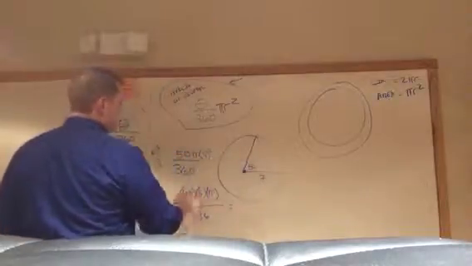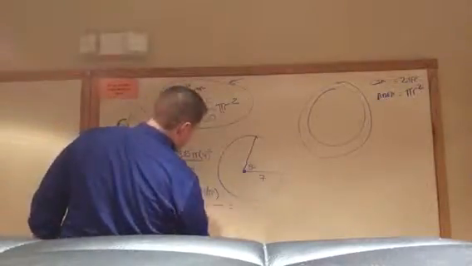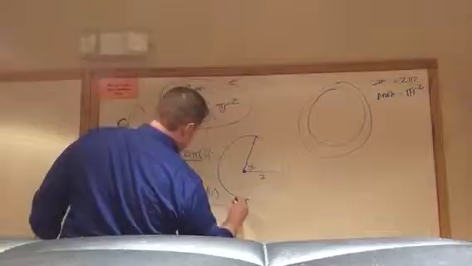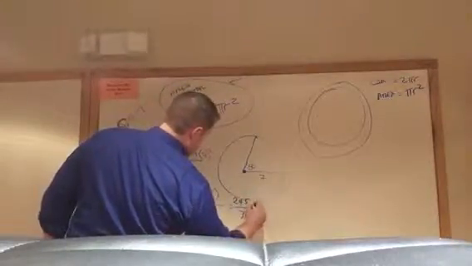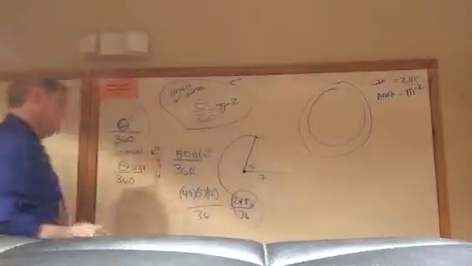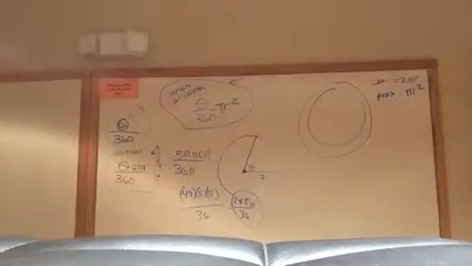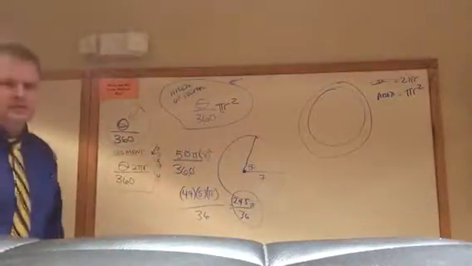Well, what's that final answer? 5 times 49, 245 pi over 36.